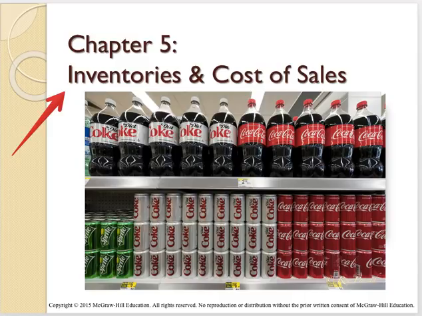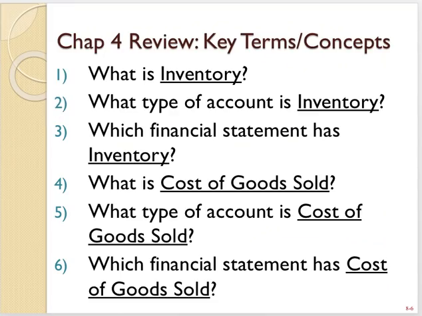So I want to review the key terms and concepts. Questions to review those key terms and concepts are here. First, what is inventory? What type of account is inventory? And which financial statement has inventory on it? Okay. Then we're going to switch gears.